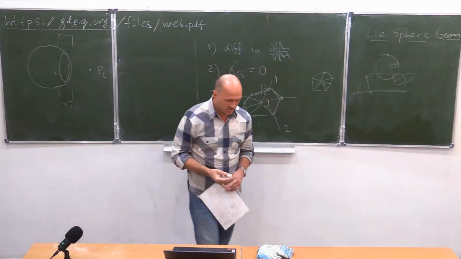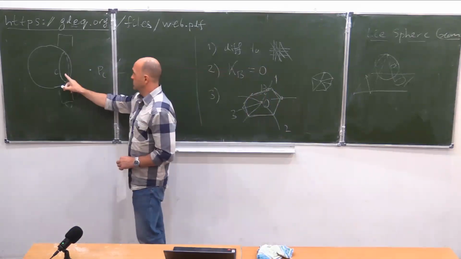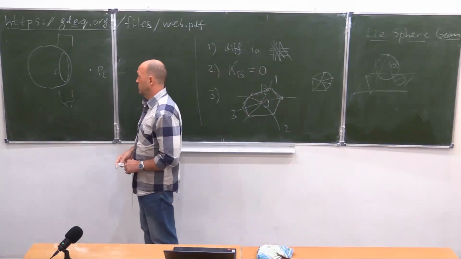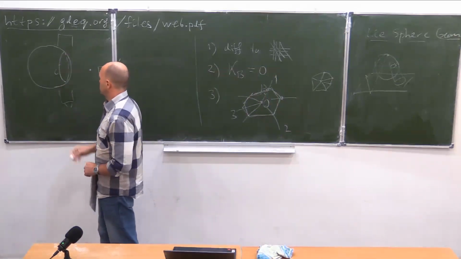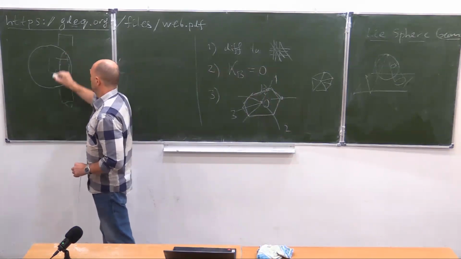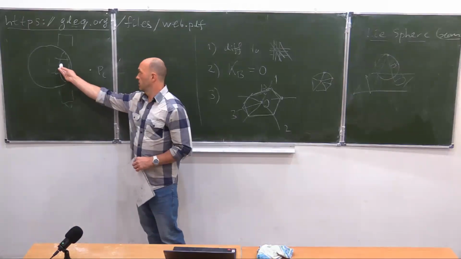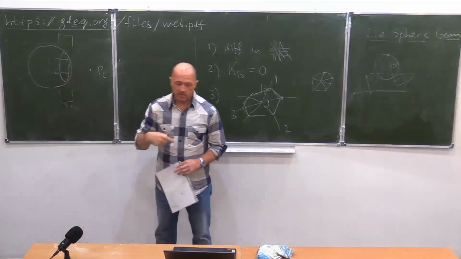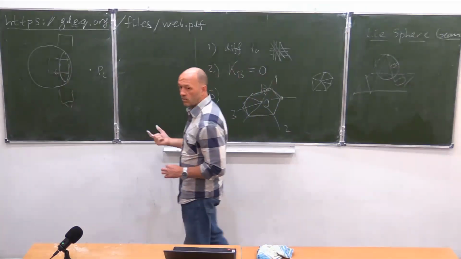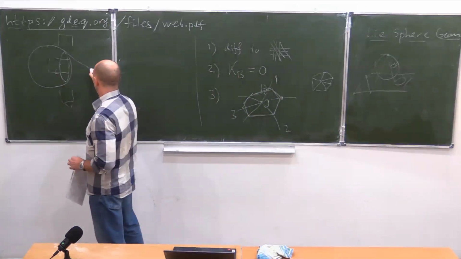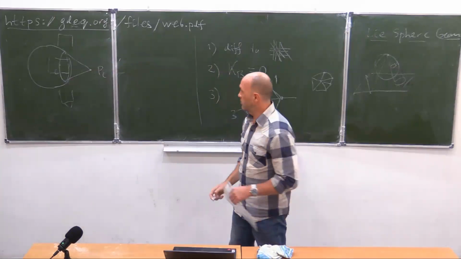To construct this polar point of a circle geometrically, you consider the one-parametric family of tangent planes to the double quadric at points of the circle. You have a one-parametric family of planes. It envelopes a cone, and the vertex of this cone is this point. We'll call it the polar point of the circle.